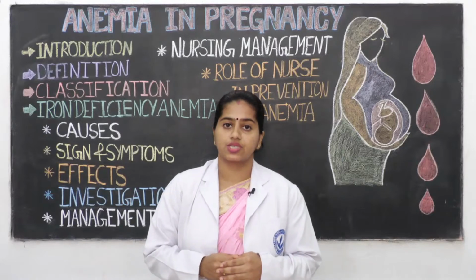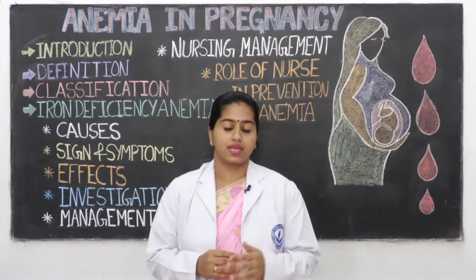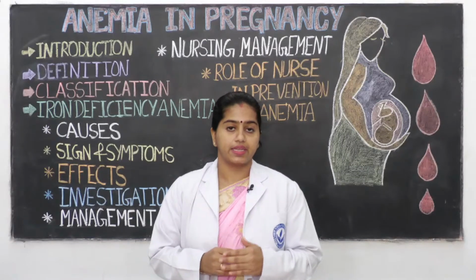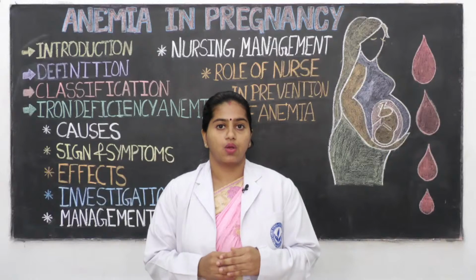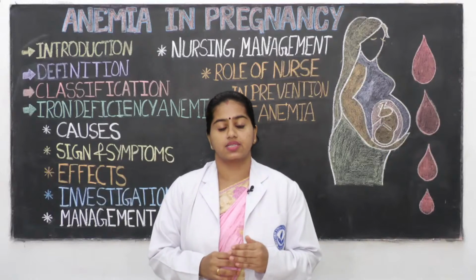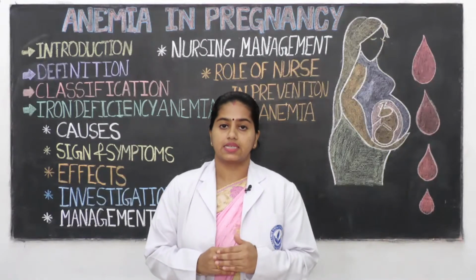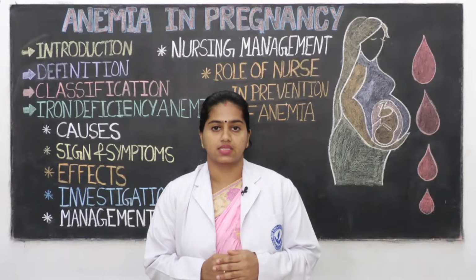The first one is the deficiency type of anemia. In the deficiency type, in the commonest 70 to 80% of pregnant women, we can see iron deficiency anemia. Iron deficiency anemia is the commonest type of anemic status that happens during pregnancy.